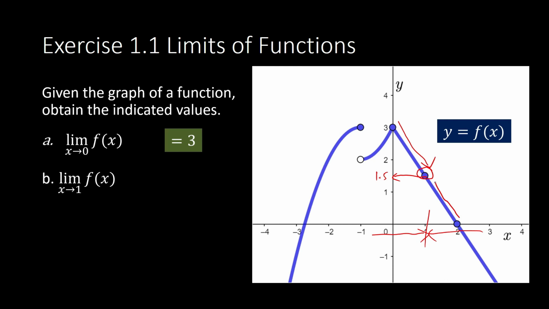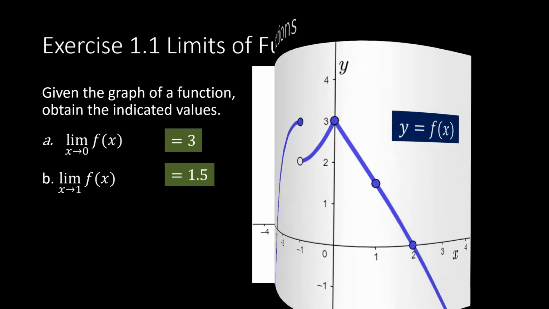So we will pay attention to this part of the graph of your function. It approaches the same point, and so the value of your function is 1.5. The one-sided limits of your function are the same. It's equal to 1.5. So conclusion, the limit as x approaches 1 exists, and it is equal to 1.5.